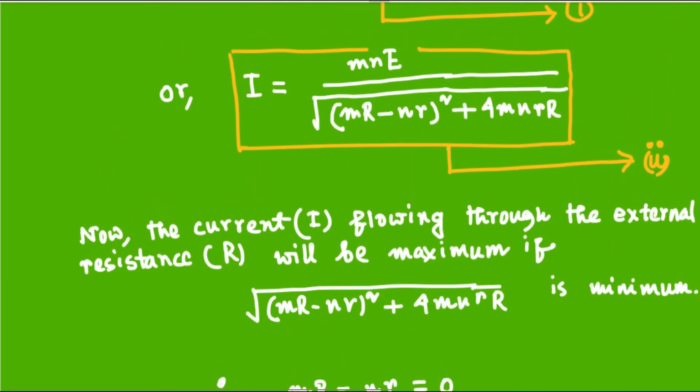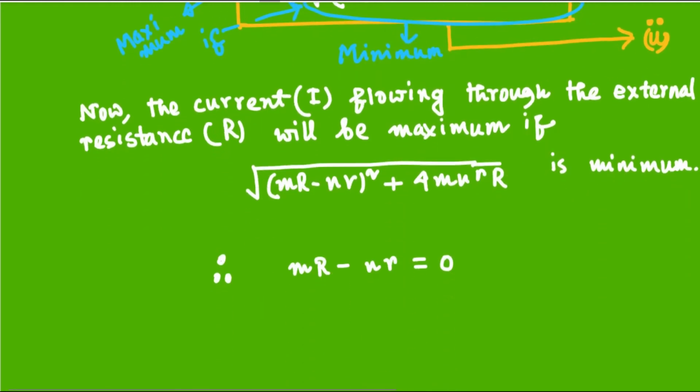Here the current I will be maximum provided its denominator, that is root over (mr minus nR) whole square plus 4 mnrR, is minimum. I will be maximum if this denominator is minimum.